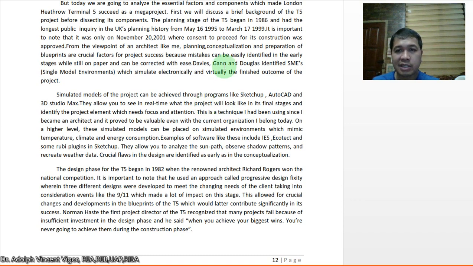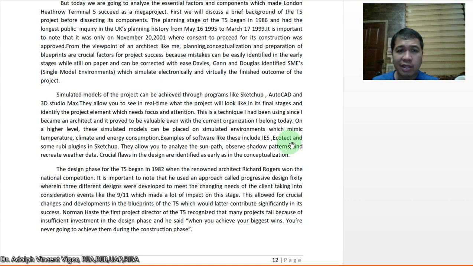From the viewpoint of an architect like me, planning, conceptualization, and preparation of blueprints are crucial factors for project success because mistakes can be easily identified in the early stages while still on paper and be corrected with ease. So Davis, Gunn, and Douglas identified single model environments which simulate electronically and virtually the finished outcome of the project.